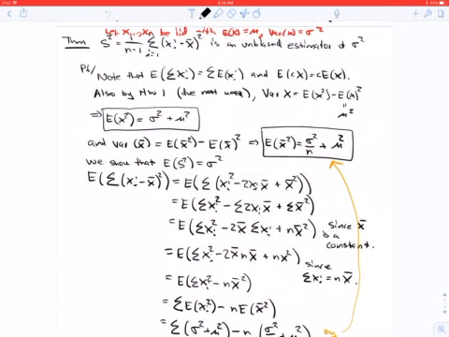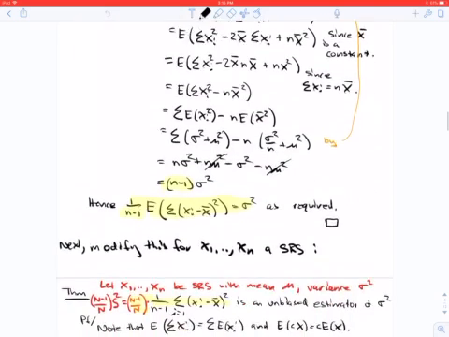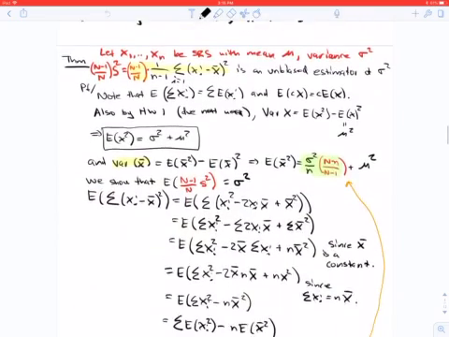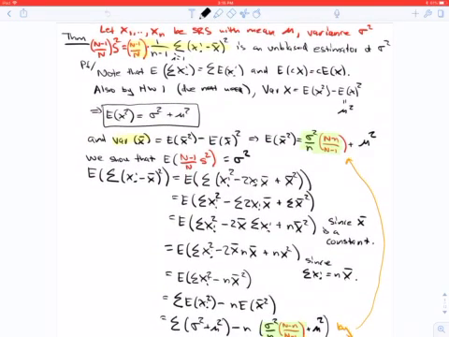So here is the proof that I gave last time. I've added in red the assumption that X1 to Xn is IID. And now we're going to just require that the X1 to Xn be an SRS.